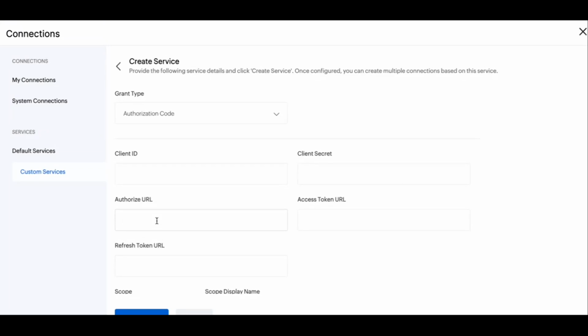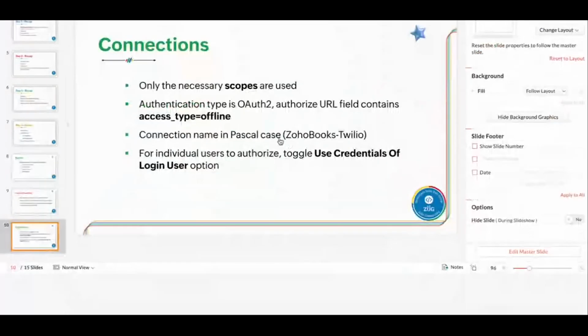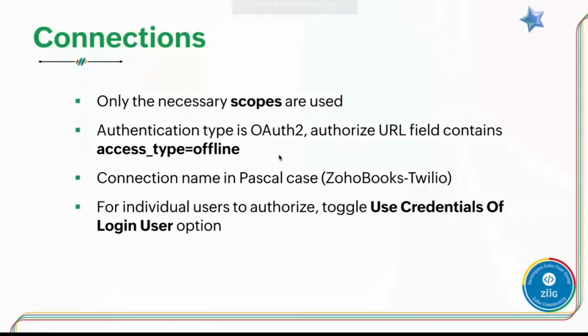After creating the authorized URL as specified in the API documentation, as we mentioned, we need to provide the key called access type equal to offline, so that the data can be accessed from the service on the other end, even if the user is signed off or offline. So these are the four important steps to be noted while creating connections for any extension in Zoho Books.